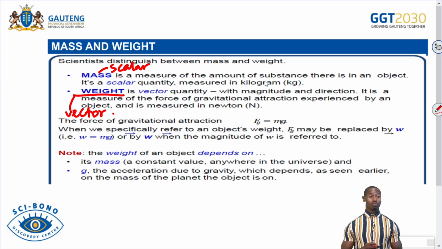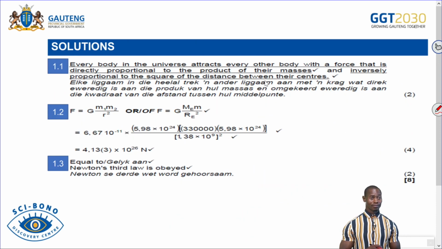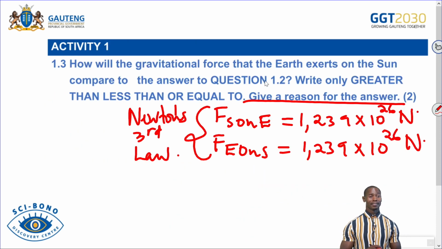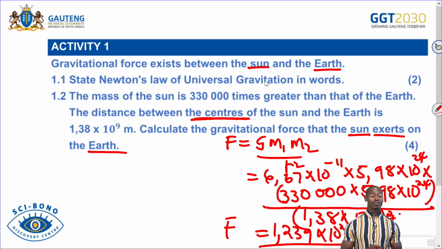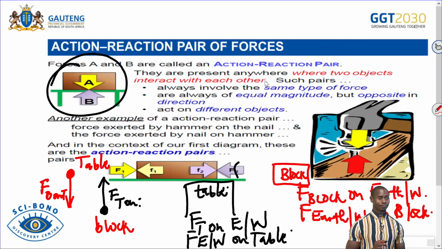So what I want us to do, let's go back to the exam guideline. You should know the difference between mass and weight. It starts with the physical quantity: mass is a scalar, and weight is a vector.